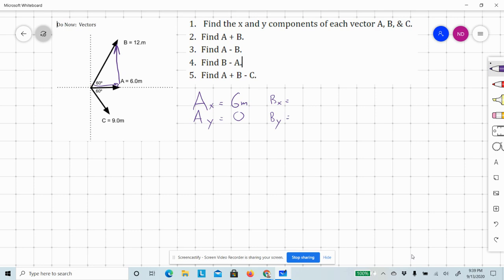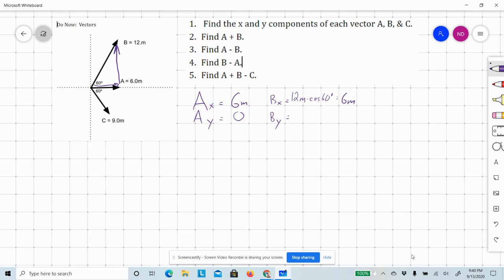And using our trigonometry, the sideways piece of that 12 is adjacent to the 60-degree angle. So it would be calculated by 12 meters multiplied by the cosine of 60 degrees. Cosine of 60 is a half, so that's 6 meters.